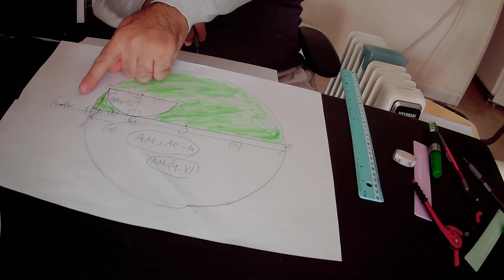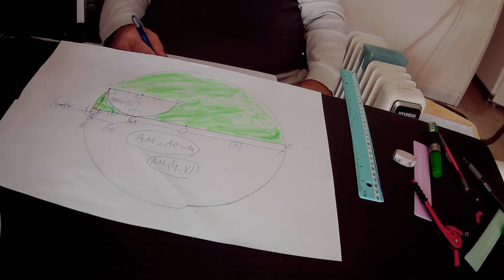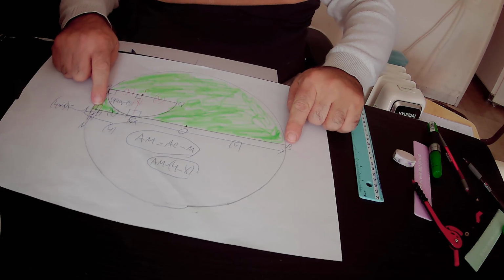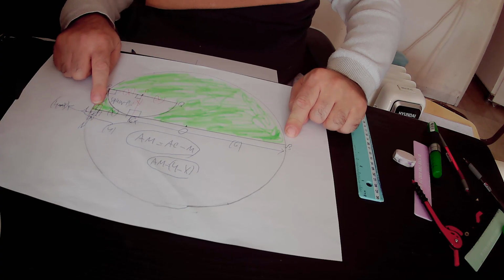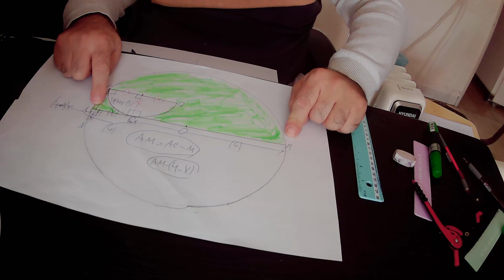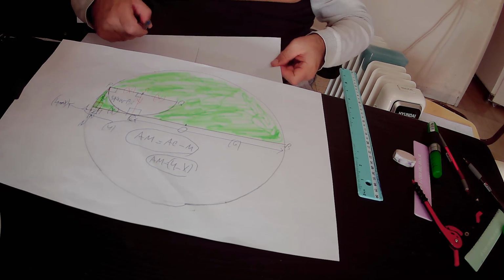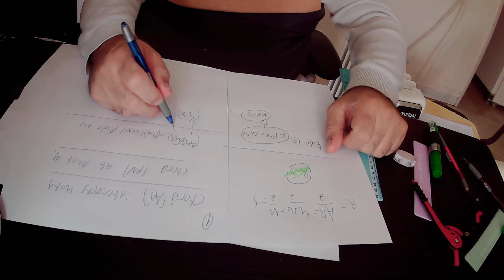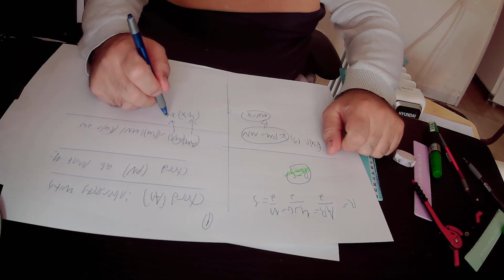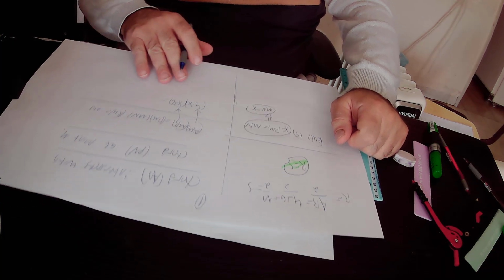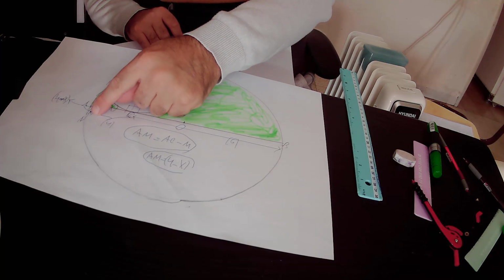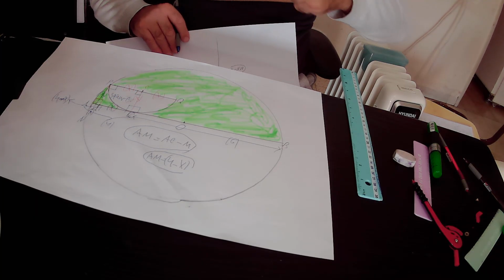AM is 4 minus x, times MB. What is the value of MB? MB total equals MC, that is x, plus CB, that is 6. So in total, MB equals x plus 6 units in its length. And it equals PM times MN. PM equals x, MN also equals x. So PM times MN is x squared.